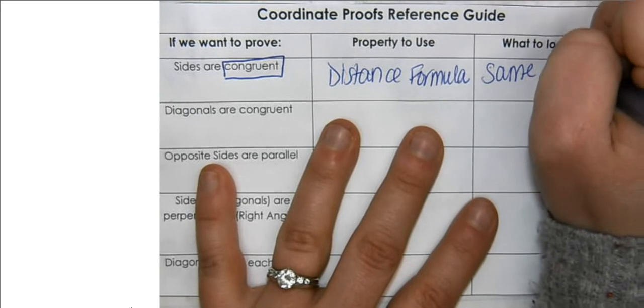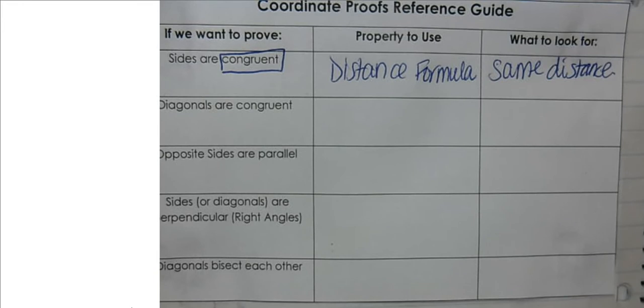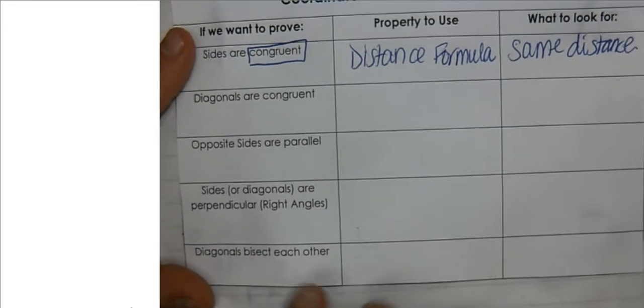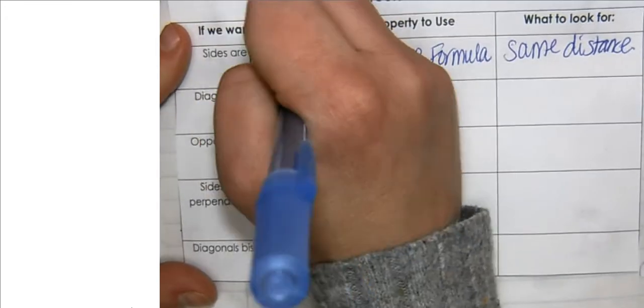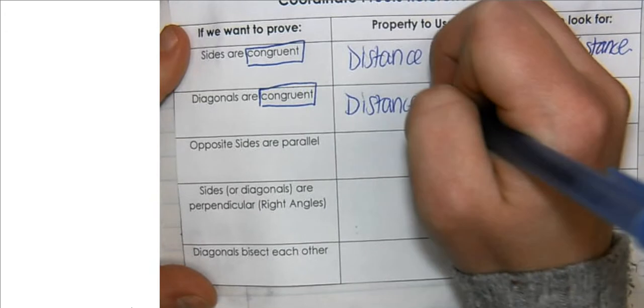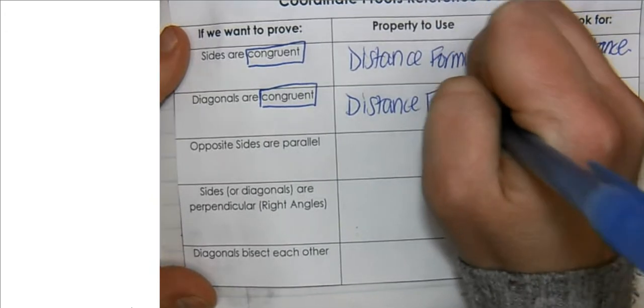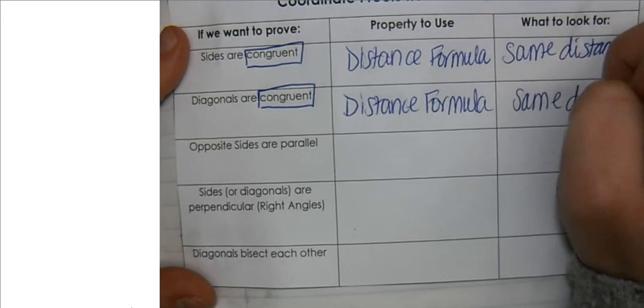We want to look for the same length, the same value. If we want to look at diagonals being congruent, once again, you see the word congruent. That means that we're going to be working with the distance formula. And once again, you're going to be looking for them to have the same distance, the same measure.